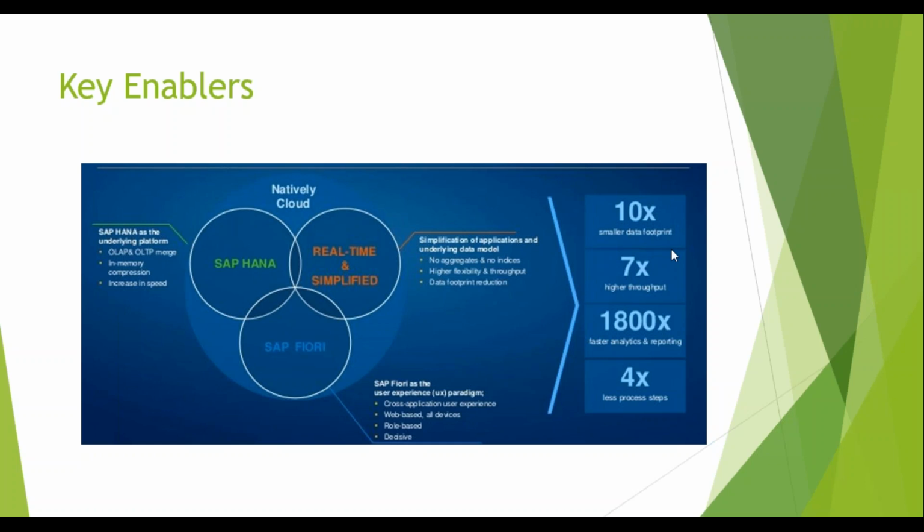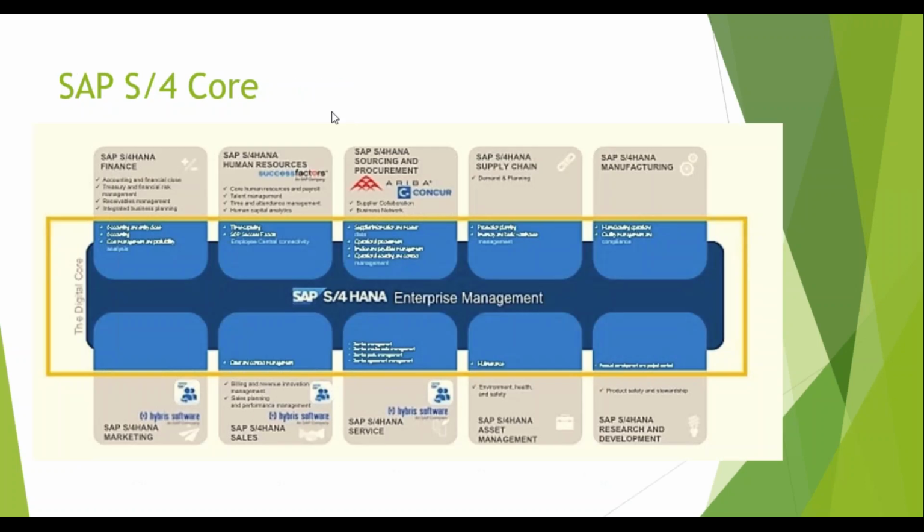Let me give you an example. If I go back to the SAP core system, just give me a minute, this slide which we have seen. This is your SAP S4HANA core system, which has the core functionalities available like SD, MM, PP, everything, with simplifications, because of simple logistics.